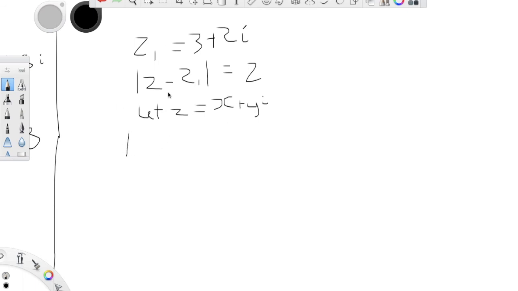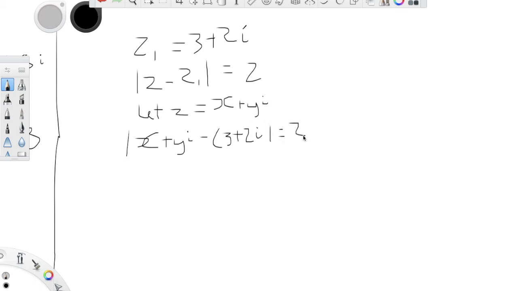So z equals x plus yi, so the modulus of x plus yi minus z1, and we'll put it in brackets, 3 plus 2i, and that all equals 2.